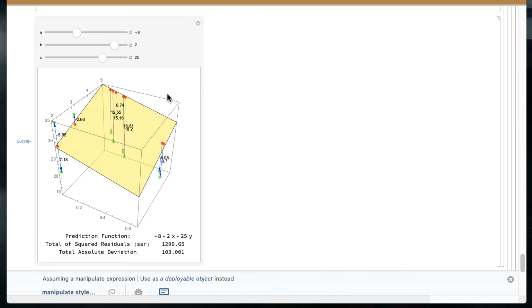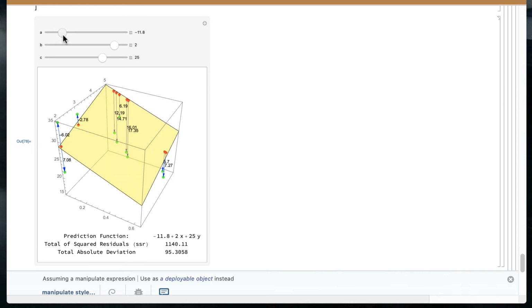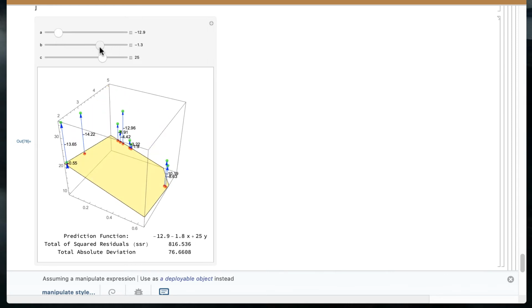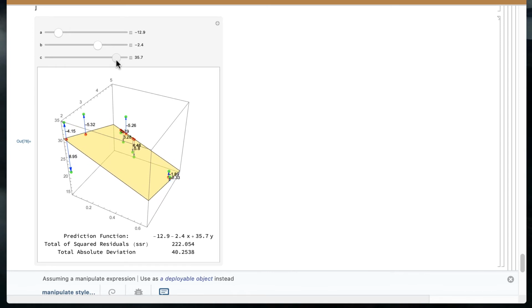And so you can see how varying A, B, and C varies the sum of the squared residuals. So as I do this, my goal would be to find the values of A, B, and C, I'm doing much better now, that minimize the sum of the squared residuals.